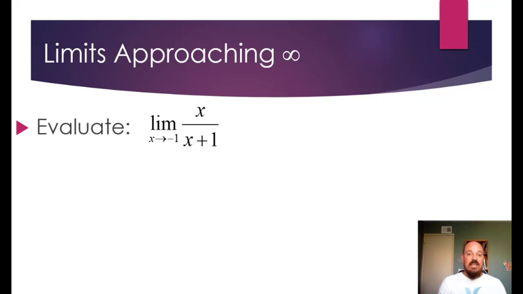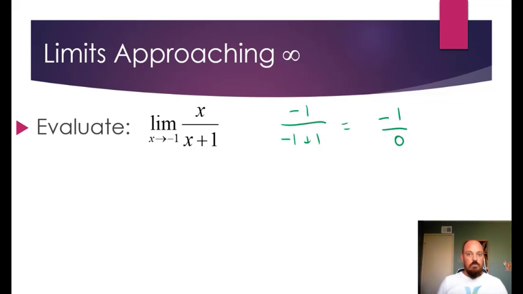So I'm going to plug in -1 for x. That gives me -1 on top, and on bottom it gives me -1 plus 1, which is 0. So I get -1 over 0, constant over 0, and that means it definitely is a vertical asymptote.